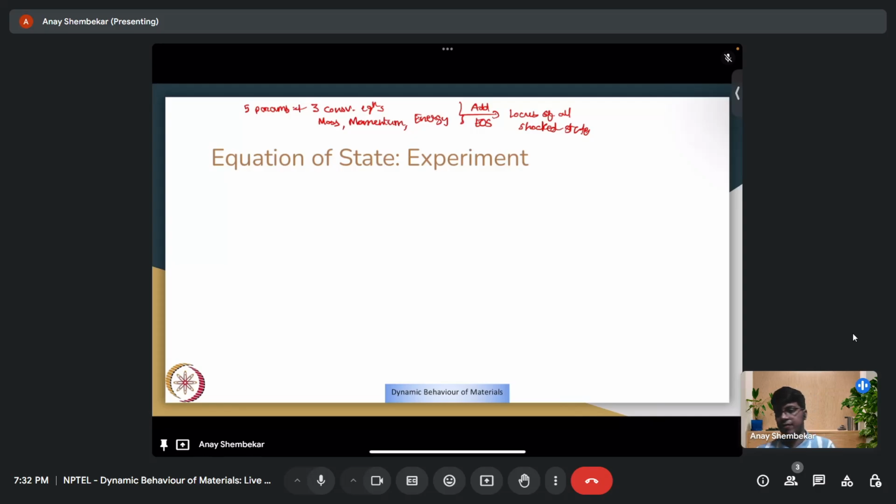And to evaluate it, we have a few experimental methods. I think in lecture we already discussed one of the older methods where you have something like a high energy explosive and then an explosive lens which takes away energy in different directions at different speed, and then you measure particle velocities at different locations, and that gives you a relationship between pressure and particle velocity.